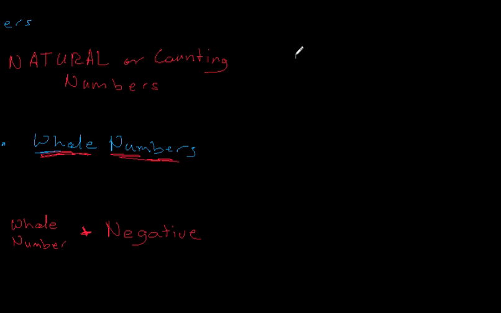Those are 1, 2, 3, and so forth. These are our natural numbers. And then someone came along and said, but wait a second, we've got to add a 0 to this. So we'll start with 0 and then have 1, 2, 3, 4. These are our whole numbers.